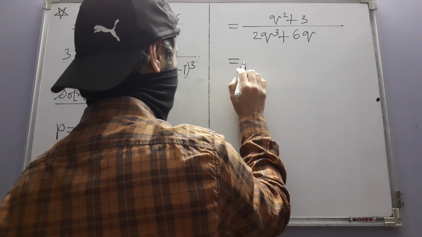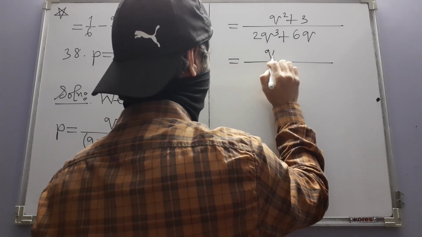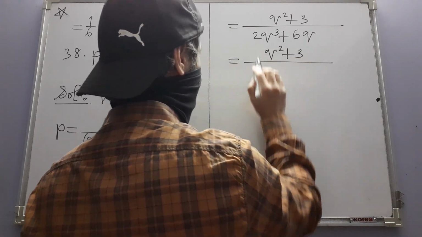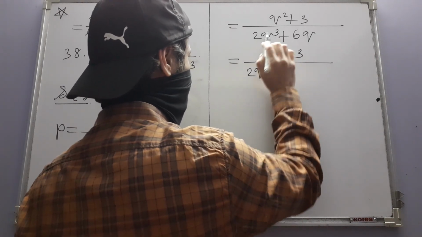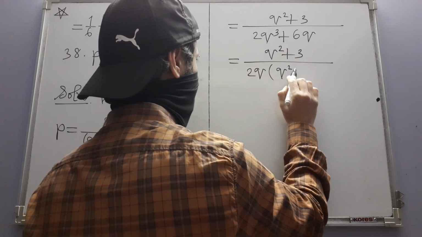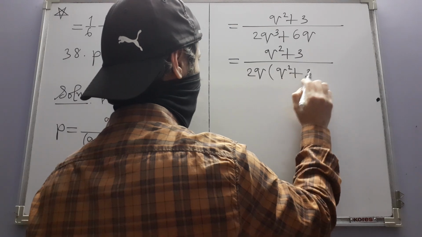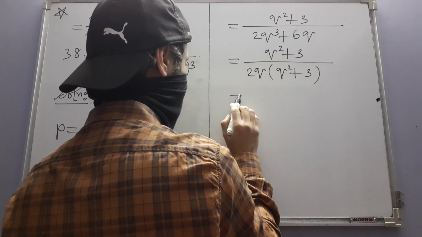Oh yes, now I see it. Now what we can do is that we can take 2q outside, then this one will become q square and this one will become 3, and then we have a cancellation.